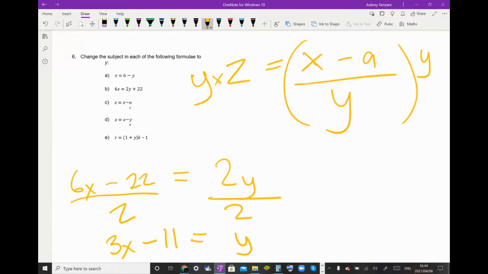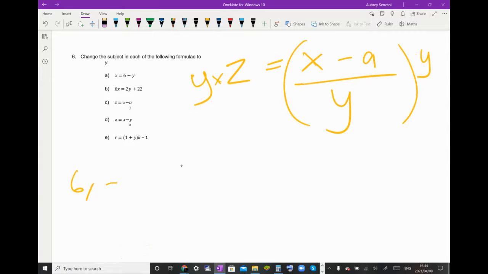I'm going to erase this to give myself some space. So this is going to give you YZ is equals to X minus A.